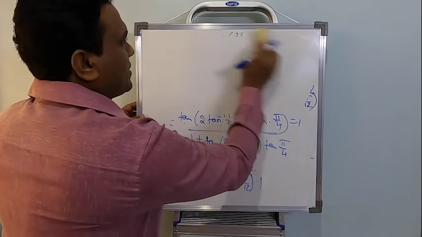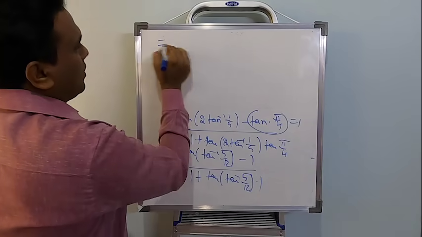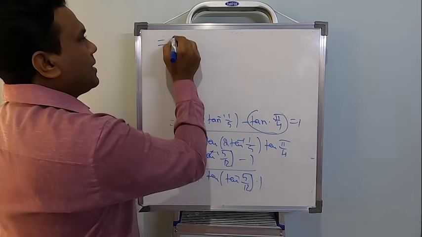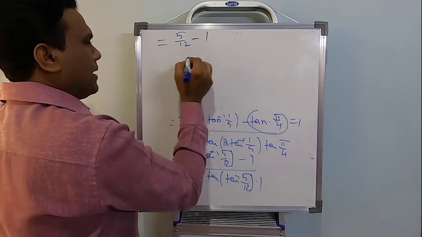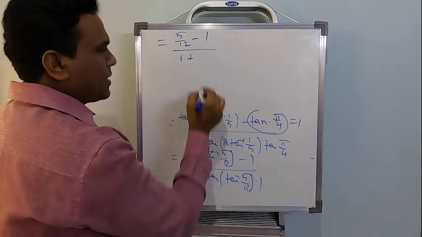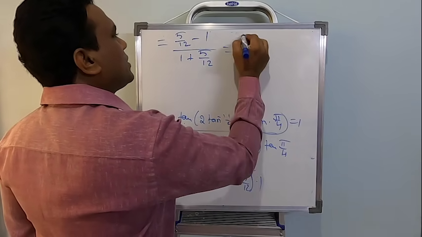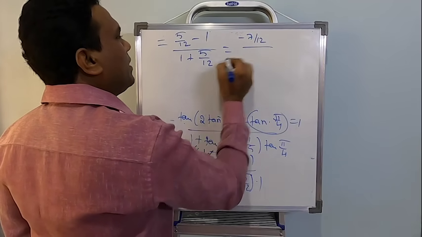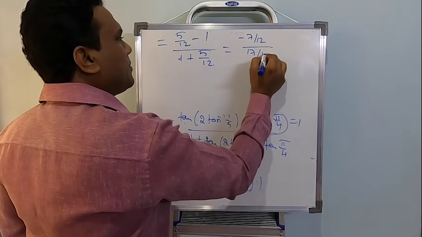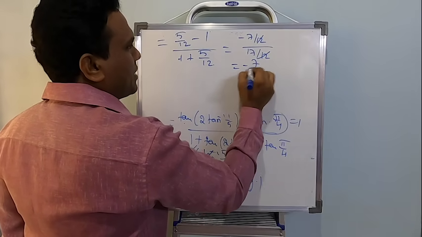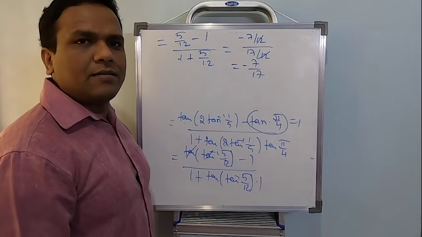On simplifying this further, now you can eliminate this tan and tan inverse. So 5 by 12 minus 1 over 1 plus 5 by 12. Let us take LCM and simplify now. This is going to be minus 7 by 12 and the denominator will be 17 by 12. So eliminating, the answer will be minus 7 by 17.